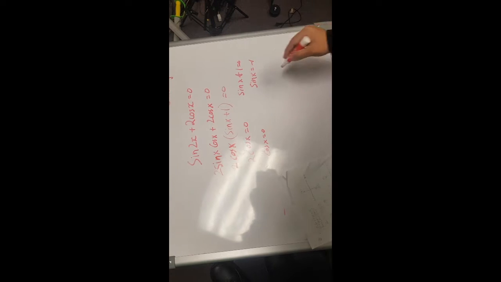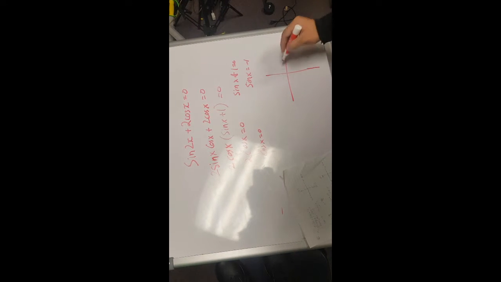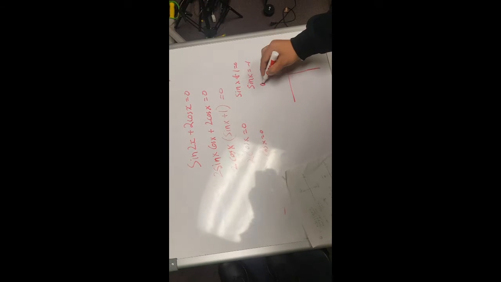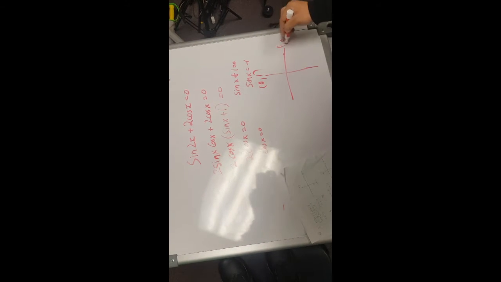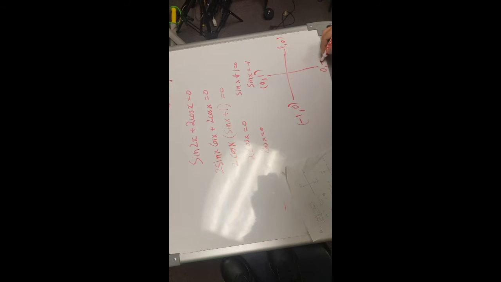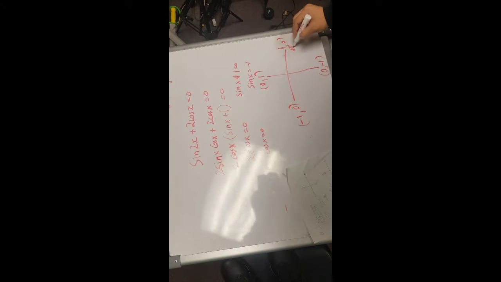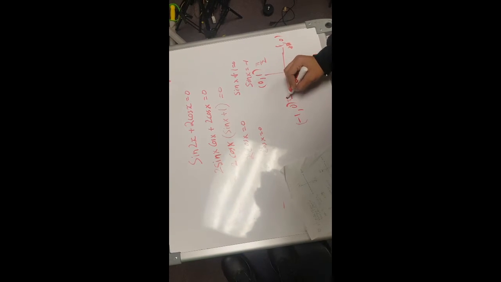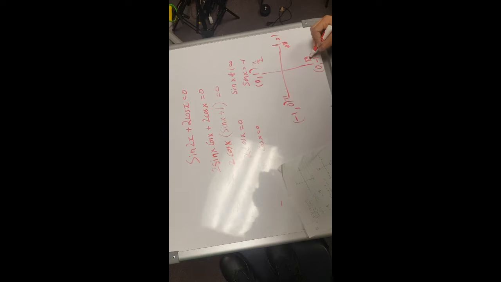And then on the unit circle, it's 1, 0, 0, 1, -1, 0, and 0, -1, so it's 0, pi over 2, pi, 3 pi over 2.